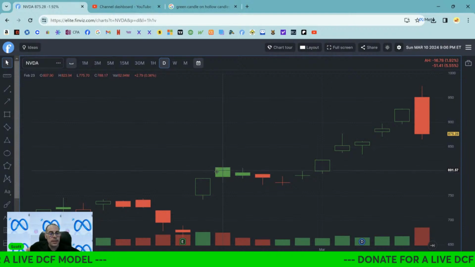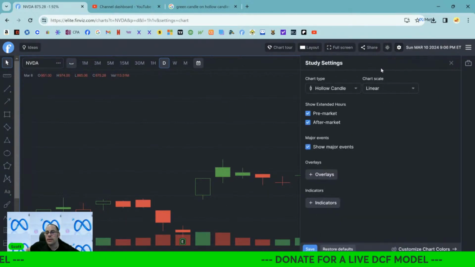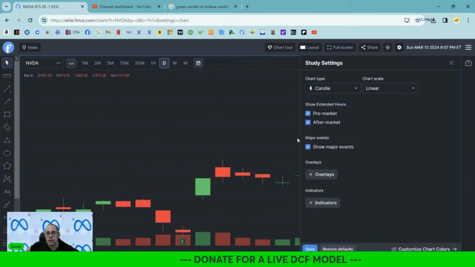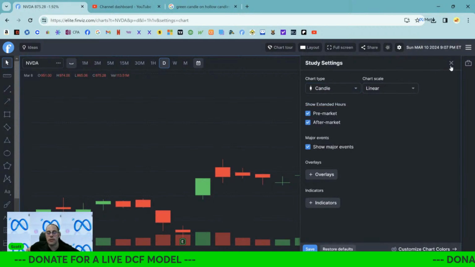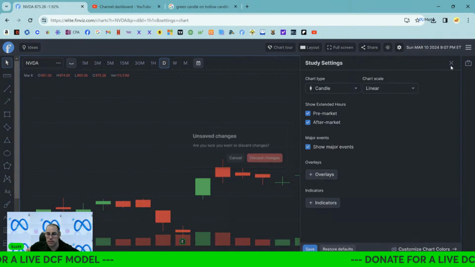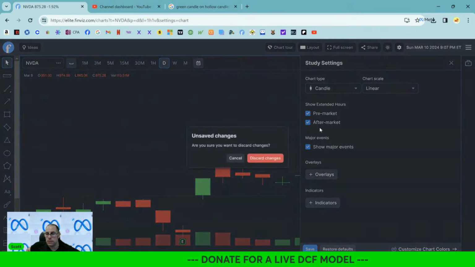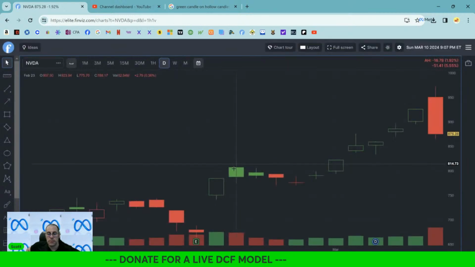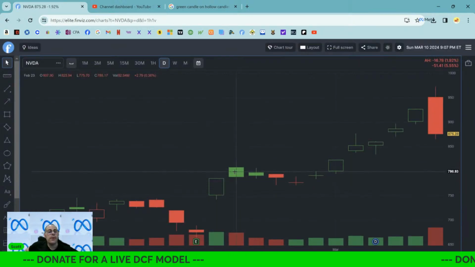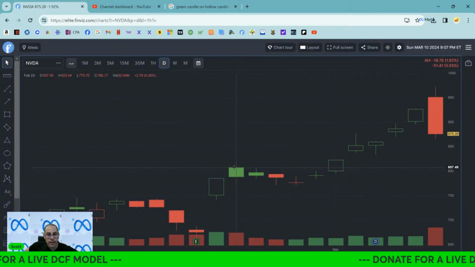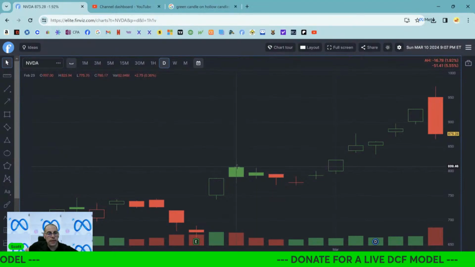Look, this is interesting. So February 23rd. You see, February 23rd is a red day. February 23rd opened 8:08. So it opened up here and it closed 7:88.